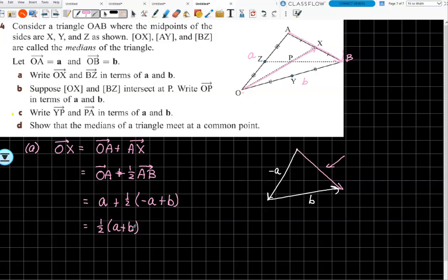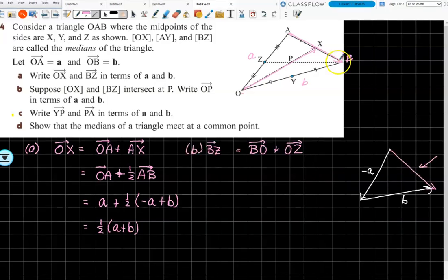Okay, and then BZ. So B to Z, we have to start then here. B to O to Z. So if you're looking at your diagram, this is why these are pretty important. You can see the end ones are the B and the Z, and you know that it's happening because you've got the O's in the middle. Same with this, we knew that was good. Then you can go away and do what you need to do.